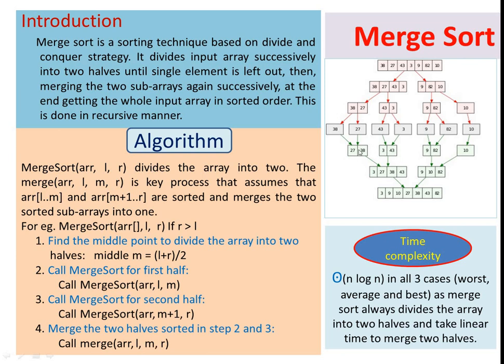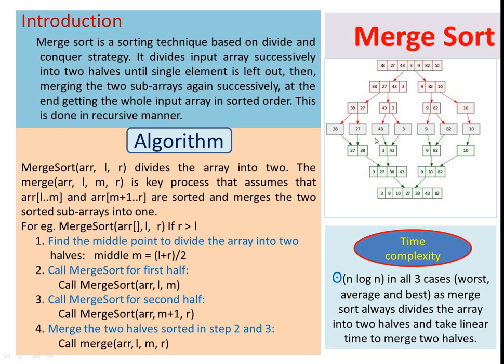How it is done is that a pointer in the first subarray points to the first element, and in the same way a pointer points to the first element of the second subarray. Those two elements are compared, and whichever is lesser is put onto the output array.